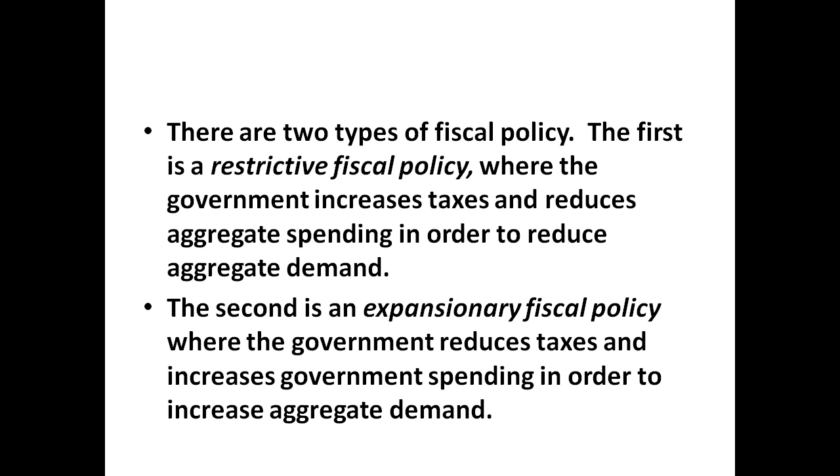And so this is usually used to fight unemployment, and the effect on the budget is going to be it's going to create a budget deficit because the government is bringing less money in, but it's increasing the amount of government spending in order to increase aggregate demand. So restrictive fiscal policy fights inflation, and an expansionary policy is used to fight an unemployment problem.